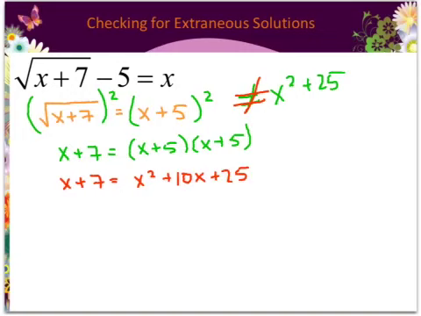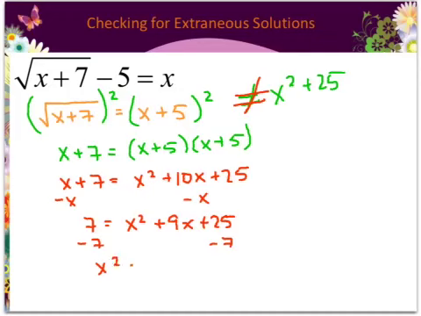Now solving for x, told you this stuff never goes away. Bringing the 7 over. It's set equal to 0. Now we're in luck. This guy is factorable, so we're going to go ahead and factor it.